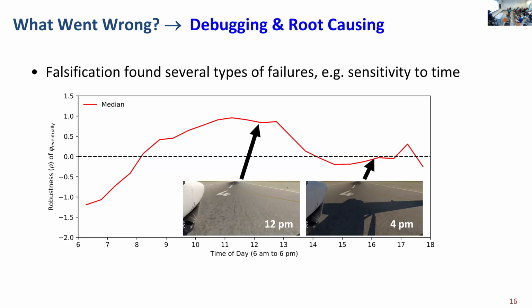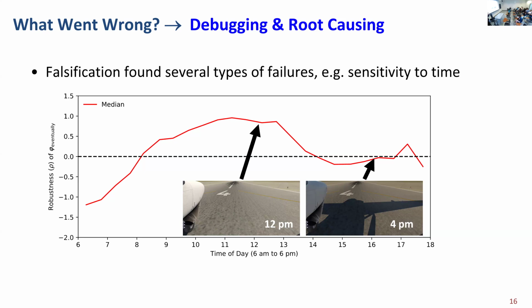And so one advantage of doing this with Scenic is that you have a representation, right? So you can basically look at the images that were generated that led TaxiNet to perform like that. And we noticed these shadowing effects. In fact, what was happening is that if it was a cloudless sky, then you would have the shadows, and that would throw off TaxiNet.